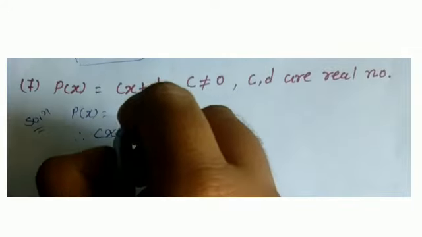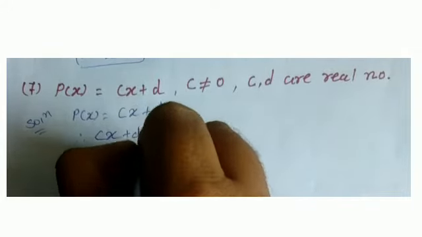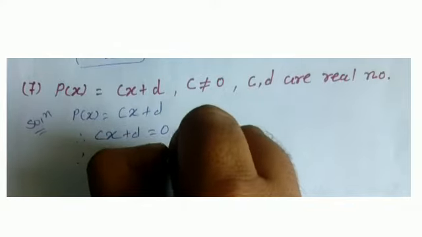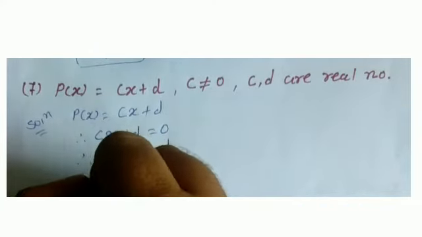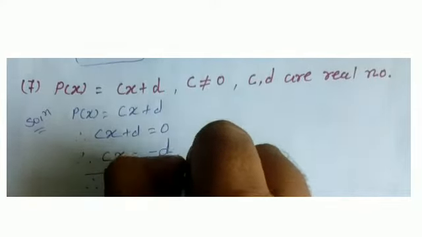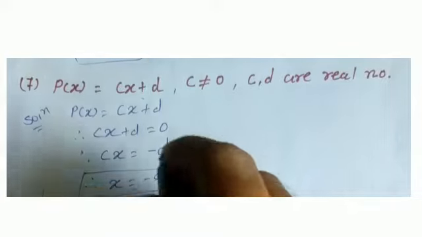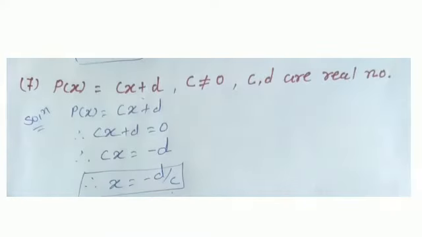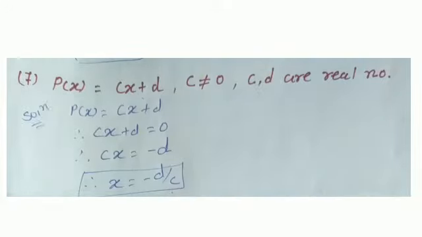So cx equal to plus d, here minus d. So x equal to minus d upon c. So the zero of this polynomial is minus d upon c. So this is a complete solution of exercise number 2.2.